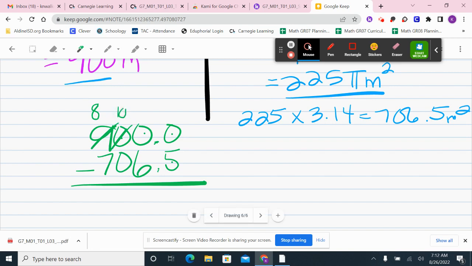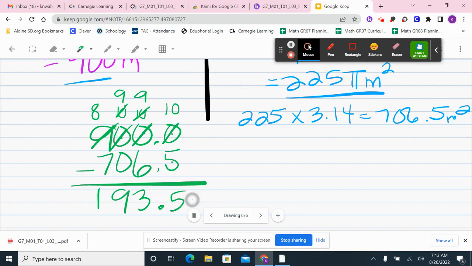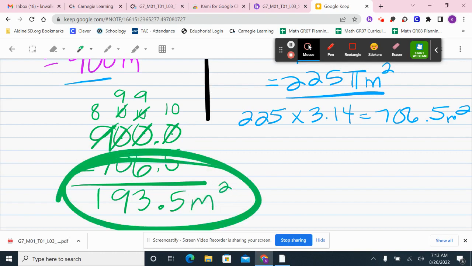But we need that first 0 to have something so I can subtract 5. So again, this guy would borrow from this neighbor. That becomes a 9. This becomes a 10. And finally, this guy can finally borrow from his neighbor, and he gets 10. So now I can subtract 10 minus. So the final answer that you should get for the shaded region of this figure is 193.5 meters squared.